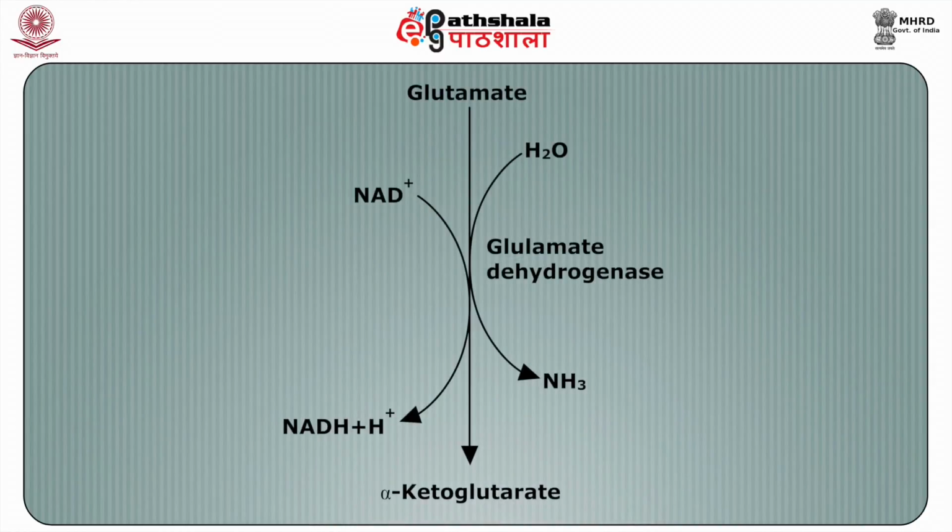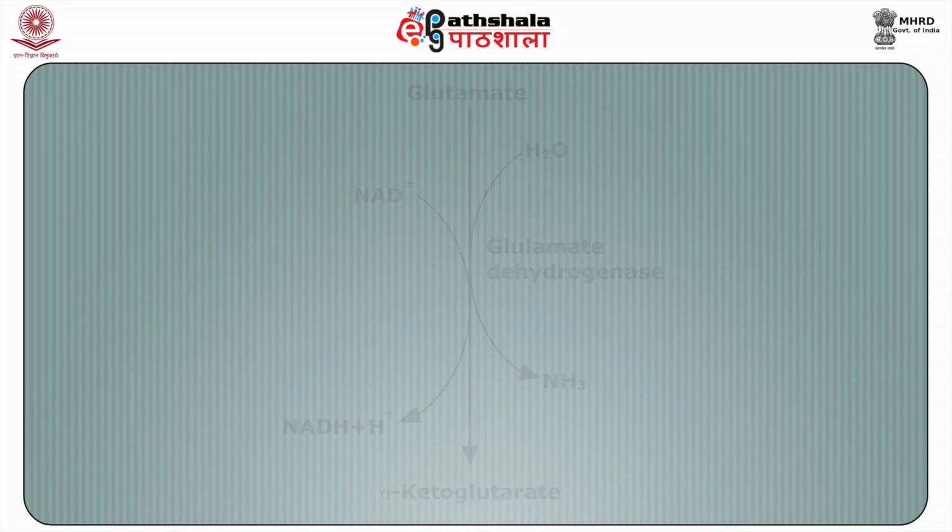Deamination: the removal of the alpha amino group from an alpha amino acid is called deamination. Usually it is an oxidative deamination in which the alpha amino group is removed from an amino acid with its simultaneous oxidation, leading to the formation of a keto acid with the liberation of ammonia.